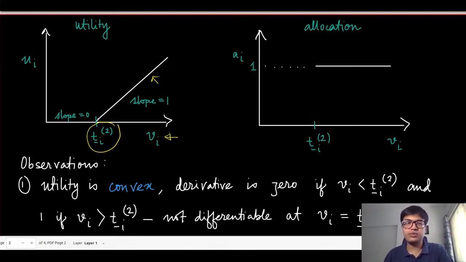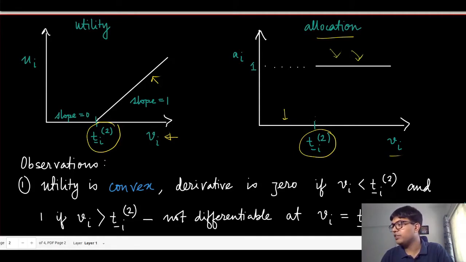Now the other thing that we can observe, if we do another plot for the allocation of this agent, we see that up to T minus I2, this allocation is going to be 0, and whenever the valuation is larger than that, then the allocation is going to be exactly equal to 1.